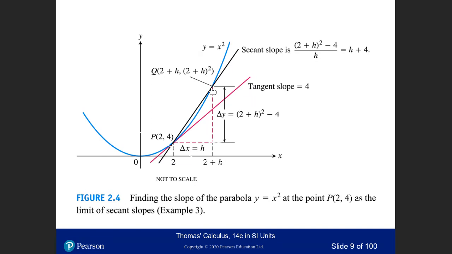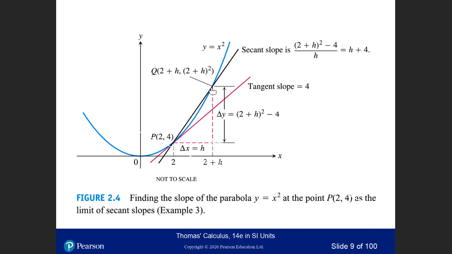The tangent line touches the curve at one point. That's the instantaneous rate of change of this function. When you talk in terms of velocity, like in the previous example, the slope of the secant line gives the average velocity, but the tangent gives the instantaneous velocity. So this is the basic difference.